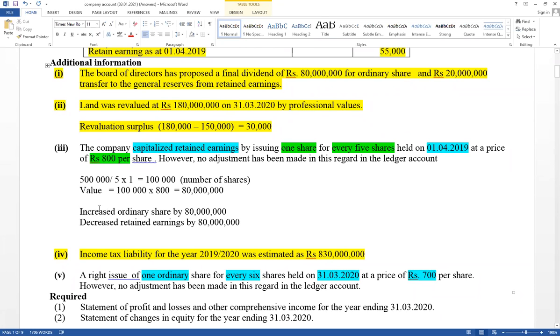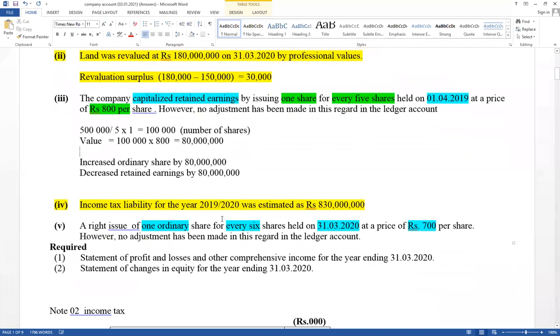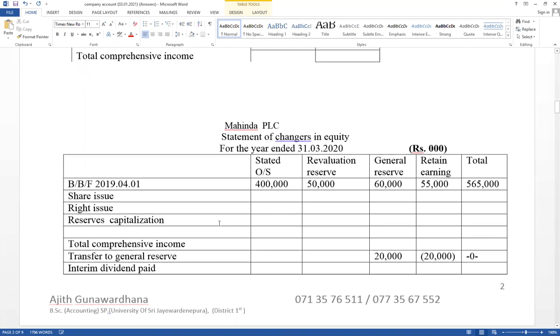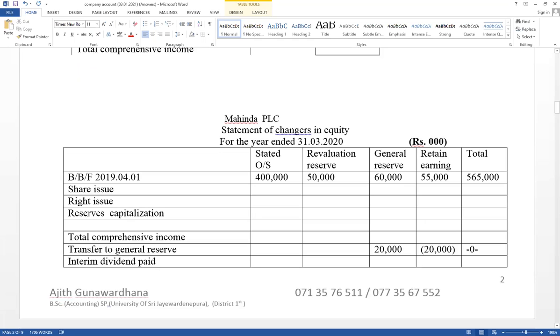Now think how to record in the financial statements. This is the way you have to calculate. How to disclose? Statement of changes in equity. This is the statement of changes in equity, as reserves capitalization. Here, this line. Ordinary share increase 80,000. Therefore, ordinary share plus, and retain earning minus. Reserves capitalization.